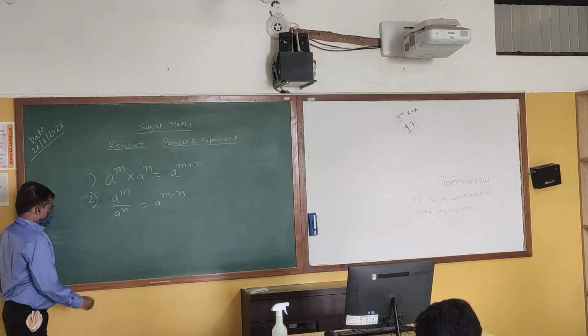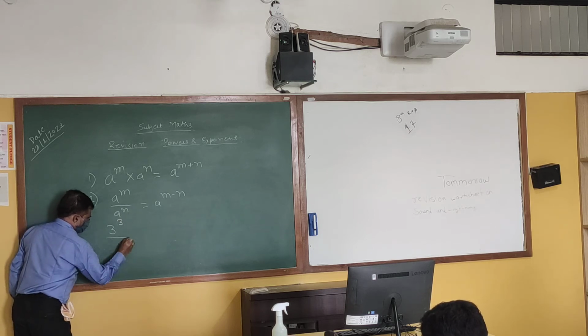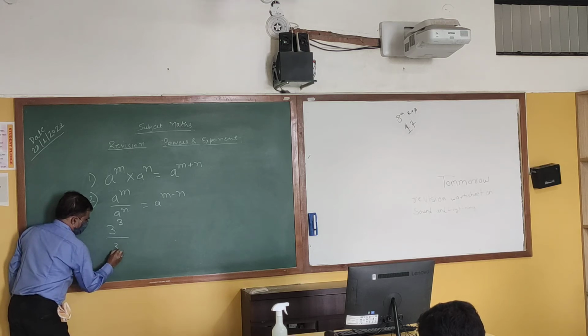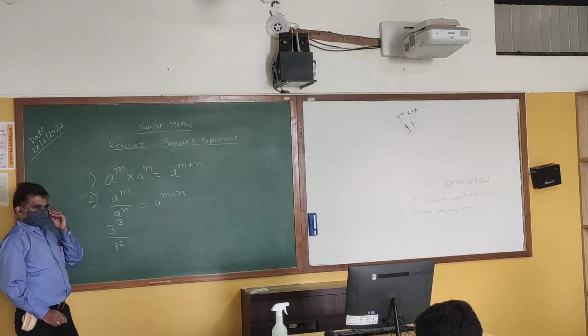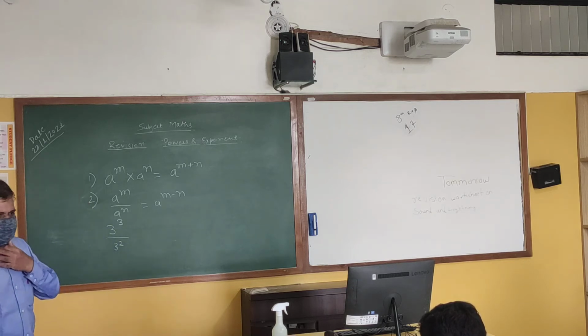Clear? Yes. Suppose 3 raised to power 3 upon 3 raised to power 2. So result is 3 raised to power 3 minus 2, means 1. Means answer is 3.